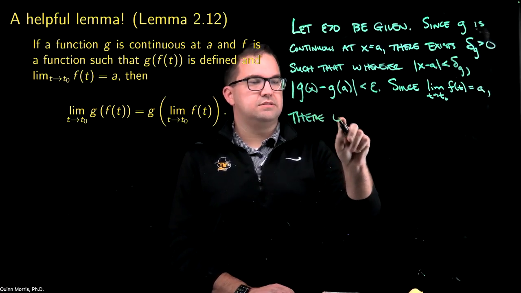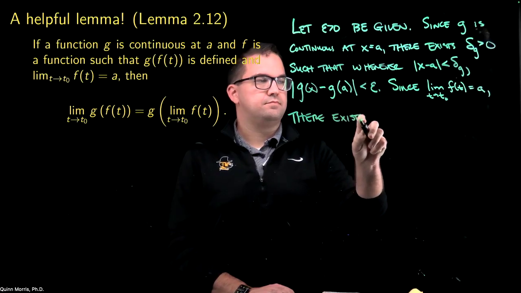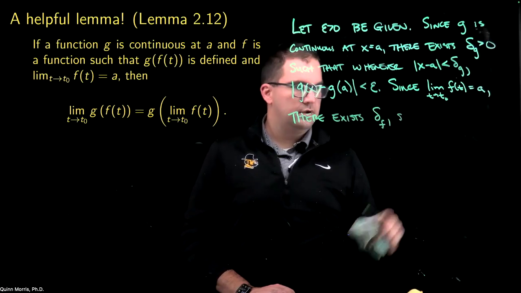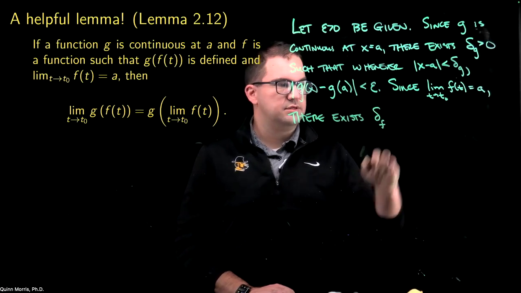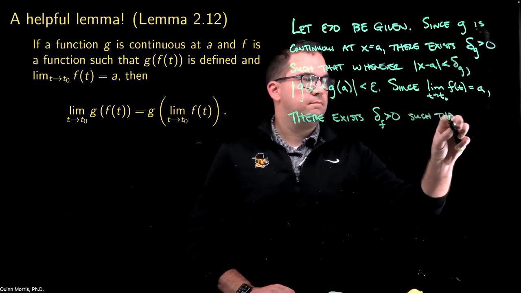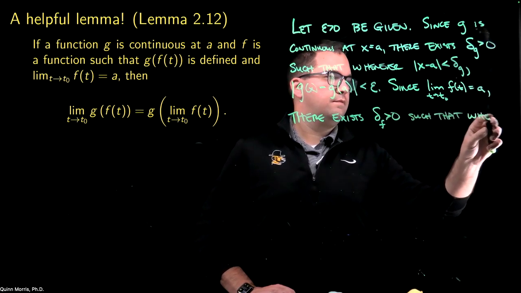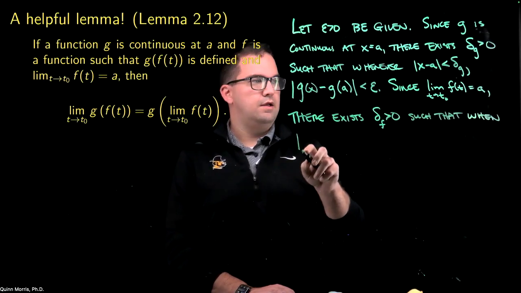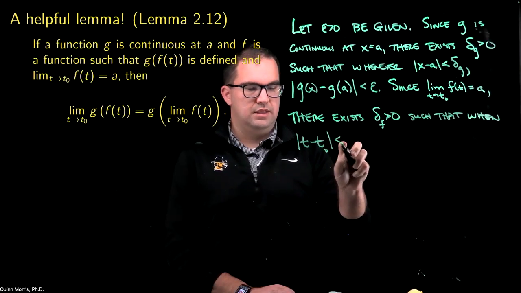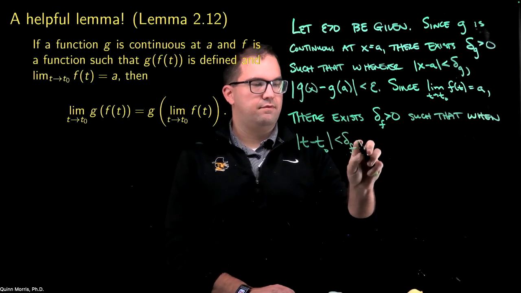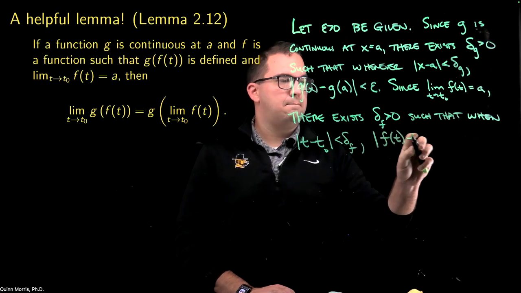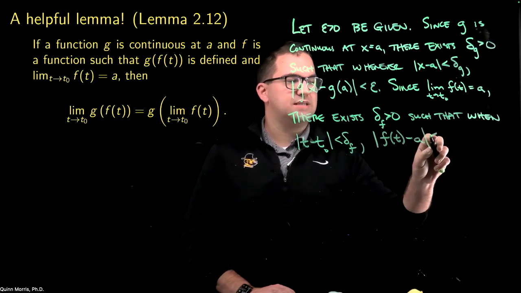So there exists a delta f greater than 0, such that when the absolute value of t minus t naught is less than delta f, I can make the absolute value of f of t minus a as small as I would like.